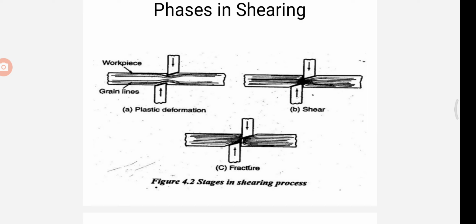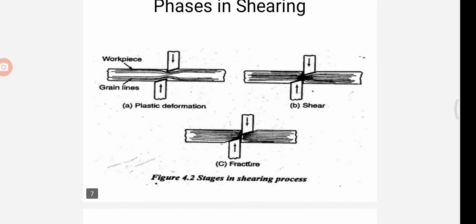The third one is the fracture. So what is a fracture? Lines originating from the point of each blade meet at the center of the workpiece, causing separation before the blades have fully penetrated. To reduce the presence of burrs, it is important that the blades are sharp. Also, it is important that they do not deflect under pressure and that they are not set too far apart.